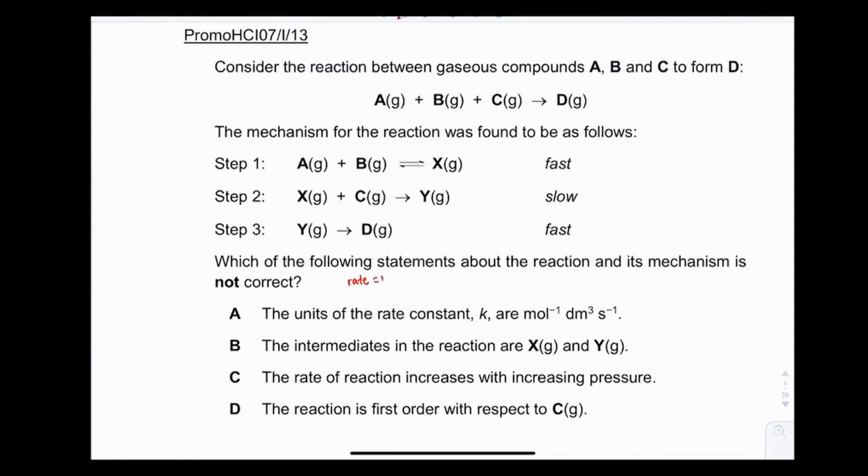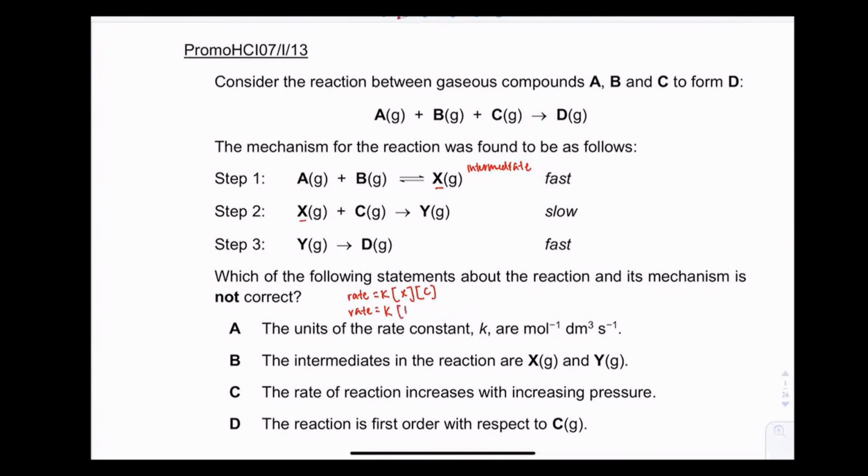So rate equals K times the reactants of the slow step, concentration of X times concentration of C. However, if you recall, X is actually an intermediate. What is an intermediate? An intermediate is a reactant which is formed in one step and used up in the next. Okay, so therefore X is an intermediate and there can be no intermediate in the rate determining step.